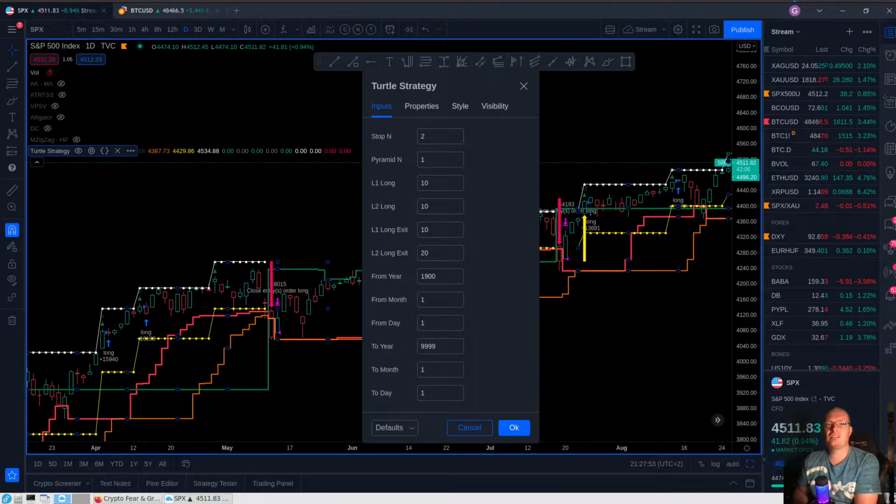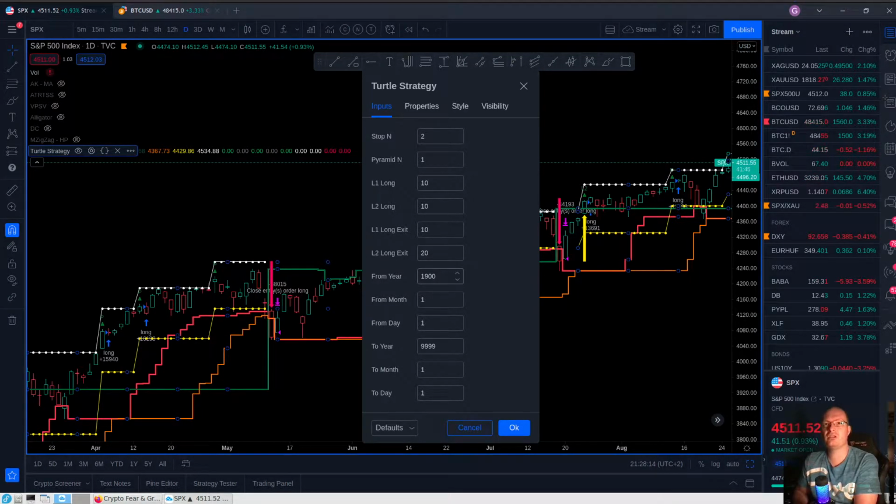So you exit if you close below the lowest low from the past 10 days, and when you add to your position, you would close that one when you close below the lowest low from the past 20 days.